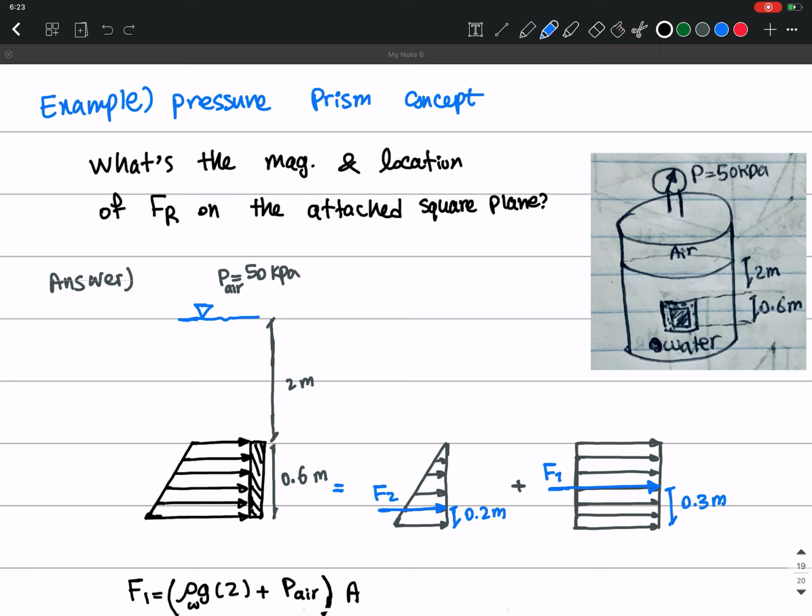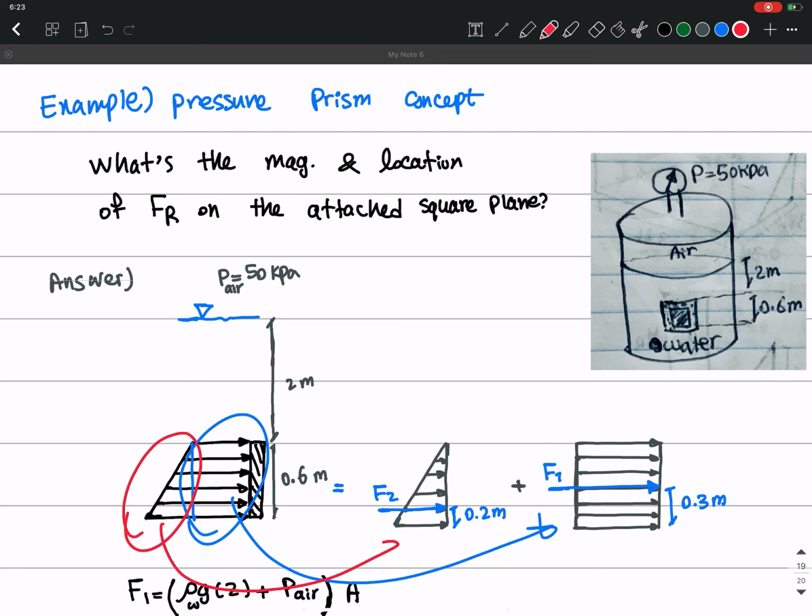So decompose it and then superpose all of this together. So here we calculated first F1, which was this rectangle here, right? And then we calculated the contribution of this triangle here, okay?